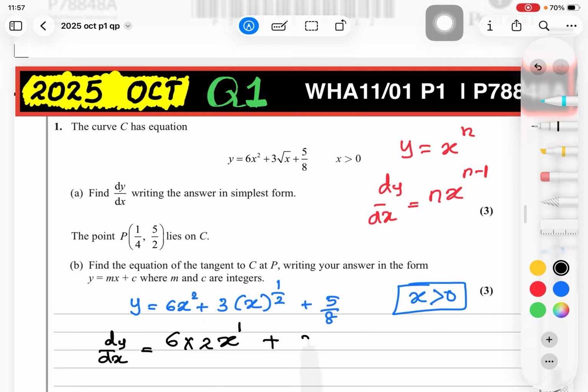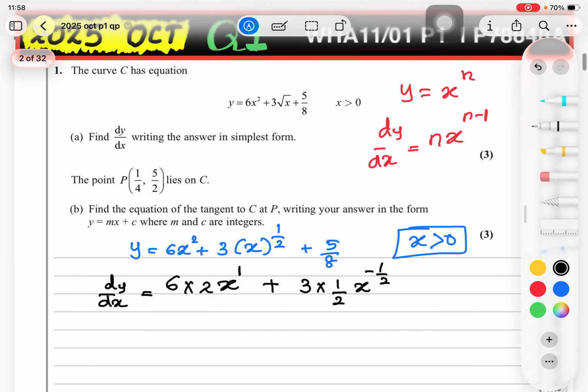The next one would be 3 times half coming to the front, so x to the power half minus 1, which gives us negative half. When you differentiate a constant, you get 0.